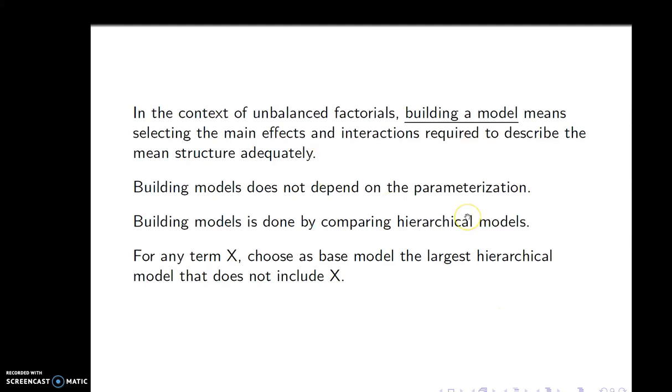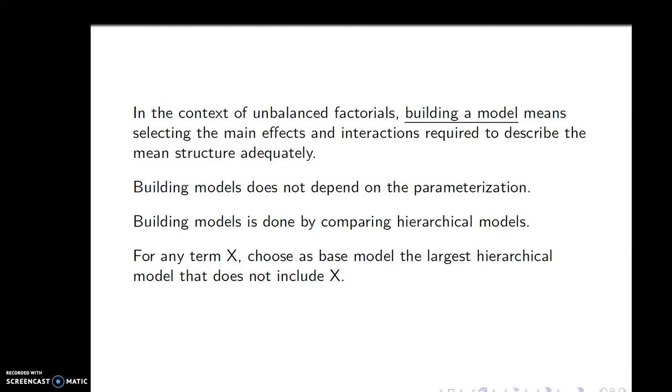And in the context of an unbalanced factorial, building the model means selecting the main effects and interactions that you need to describe the mean structure adequately. We want to build our model so it does not depend on parameterization. We've talked a lot about model parameterization in this section of the notes. We need models where whether or not the effects are significant is not dependent upon that parameterization.